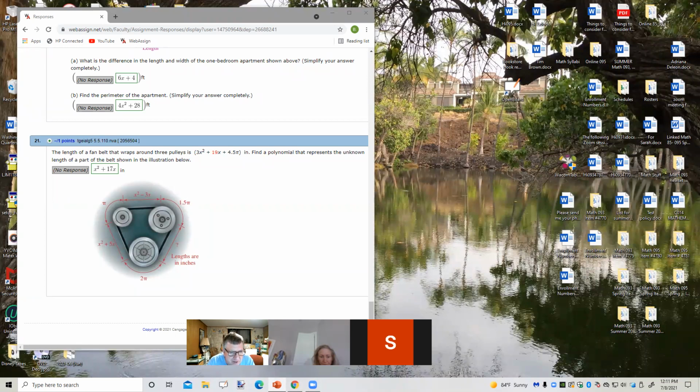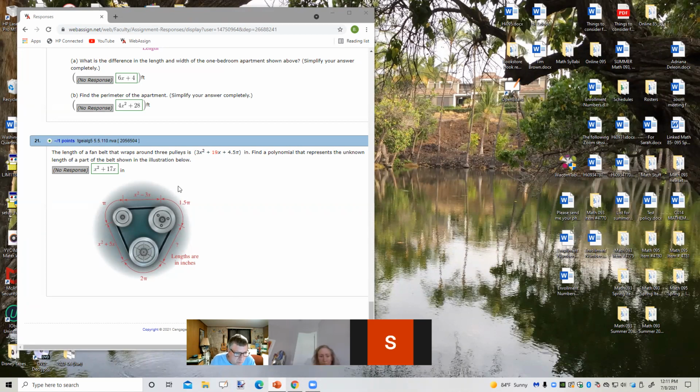So that is the total distance all the way around it, okay? So the whole thing, I'm going to say total equals 3x squared plus 19x plus 4.5 pi inches, okay? Find a polynomial that represents the unknown length of a part of the belt shown in the illustration below.